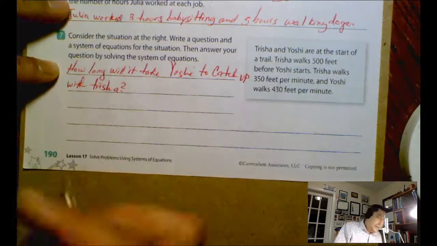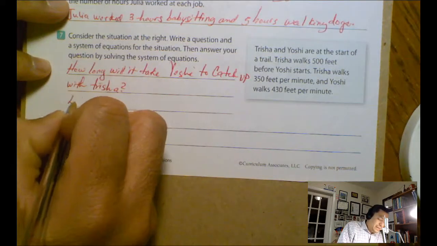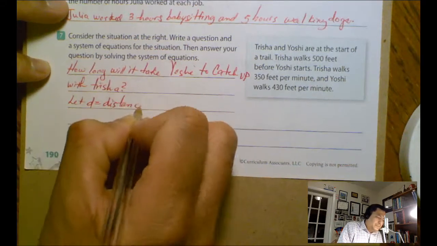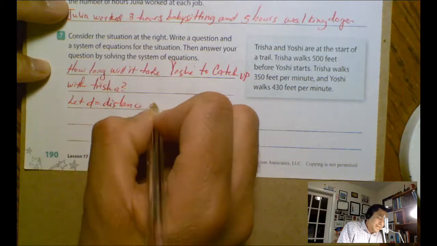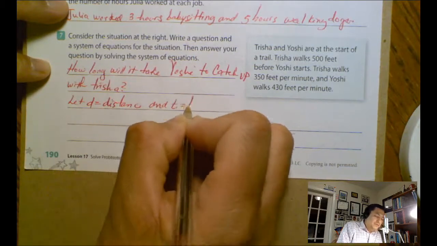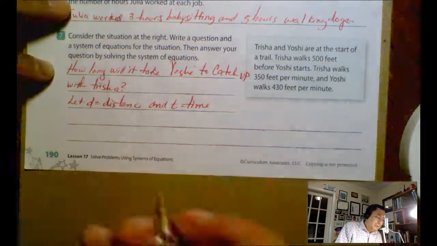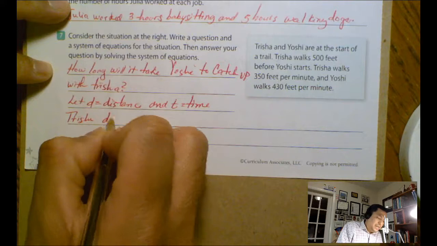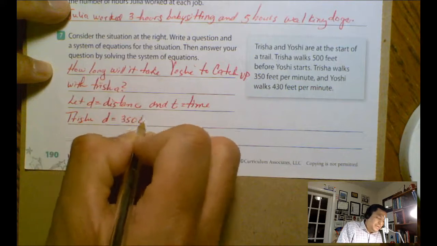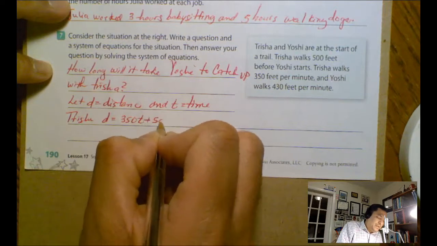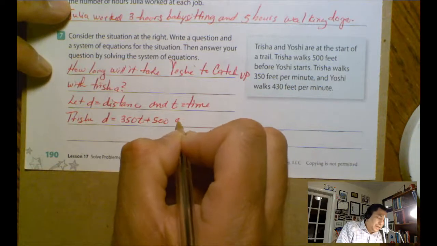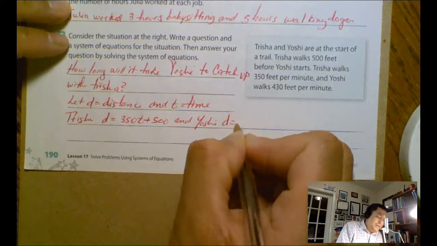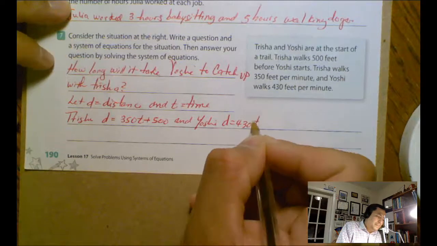Now, equations. So if we let d equal the distance and t equal the time, then we're going to have that Trisha is d equals 350t plus 500, and Joshi is d equals 430t.